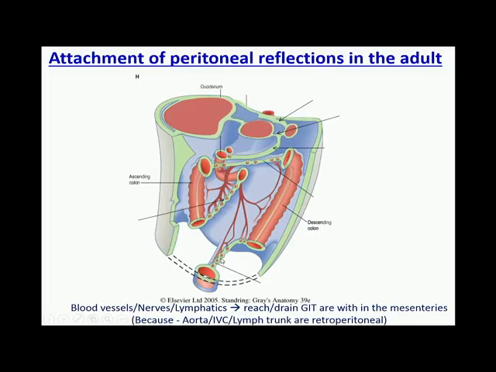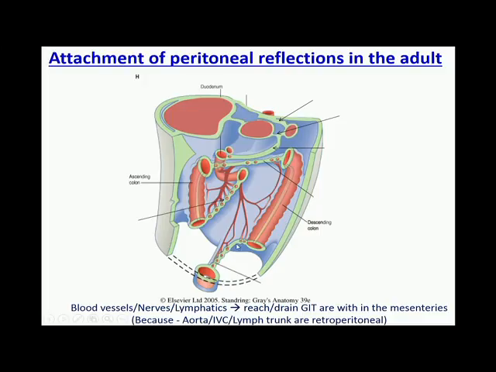What is this? This is the mesentery of the descending colon. The next part is the sigmoid colon, because the sigmoid colon has a mesentery. So it has an inverted V shape of mesentery like that.